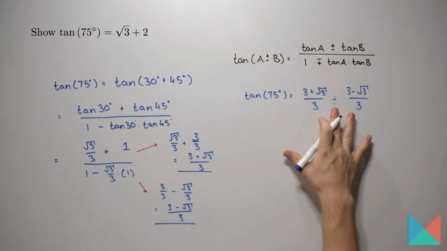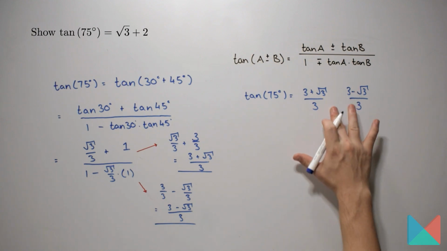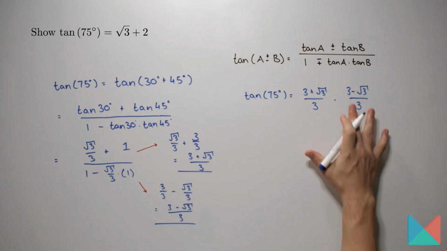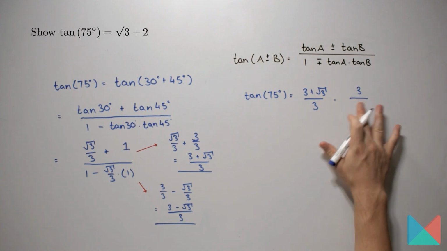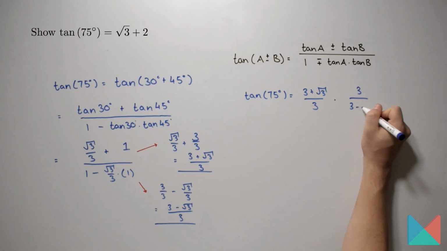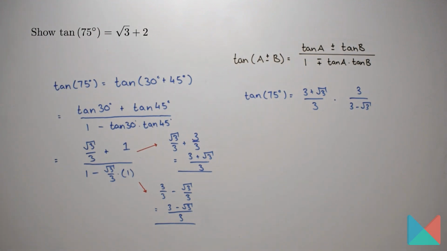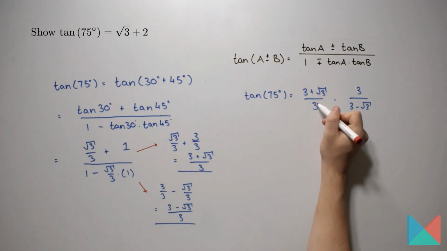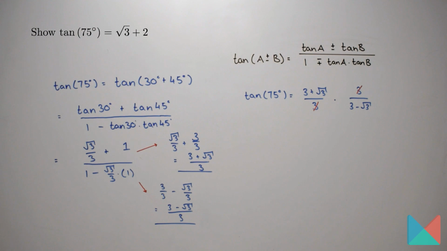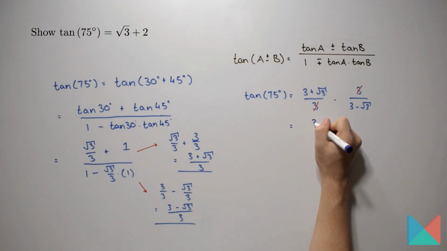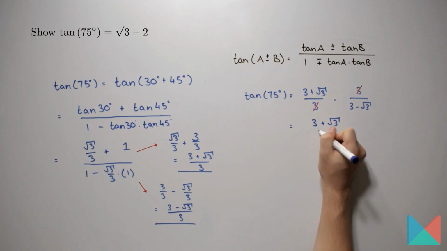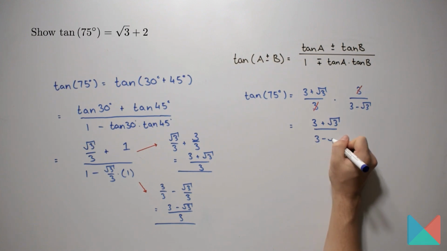And now we can flip the fraction and make it into a times. So let's do that. So we have a times here, and the top of our fraction will become the 3, and the bottom will change into the 3 subtract root 3. And notice here that our 3's will cancel out. And so we're left with tan of 75 degrees as 3 plus root 3 divided by 3 take root 3.